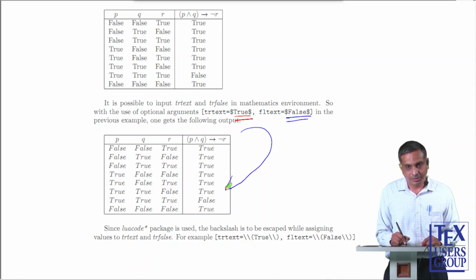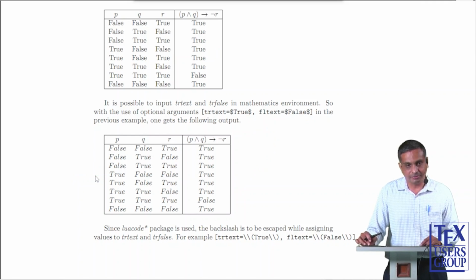You can observe that in the previous table true and false were not enclosed in mathematics environment, but for this table they are enclosed in mathematics environment. Let us come back to the presentation.